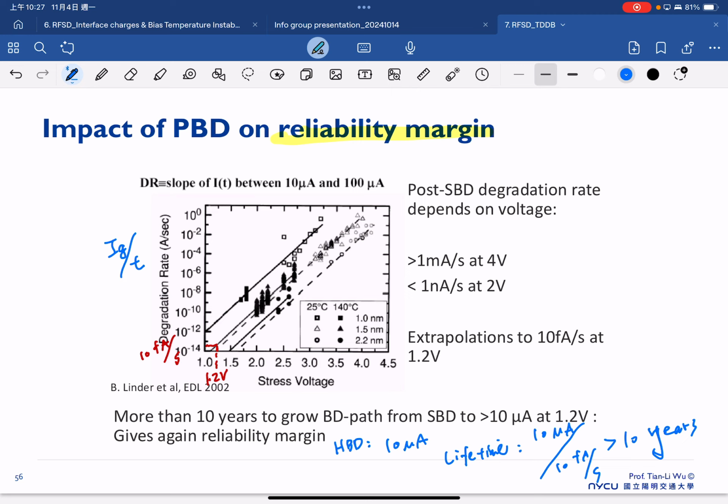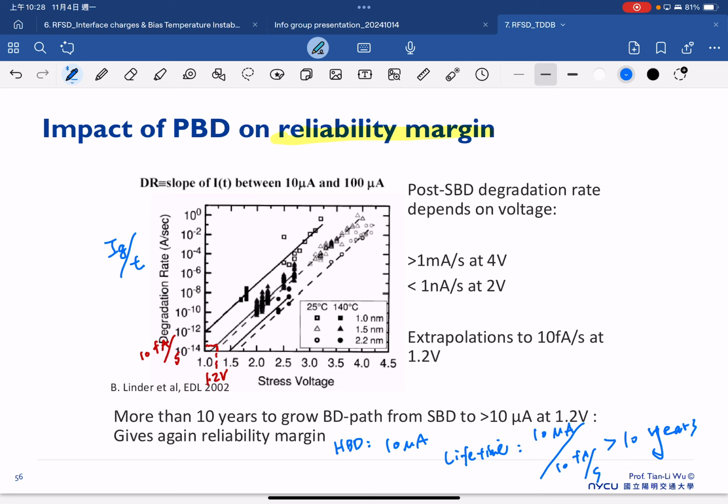It has physical meaning because we consider the degradation rate, and we believe this degradation rate makes sense based on the percolation model. Because this is a physics-based approach, sometimes we consider it more reliable, and in the end we can use it to predict our lifetime.